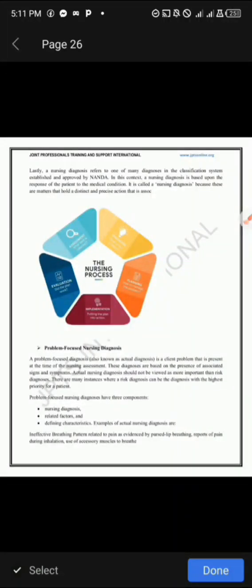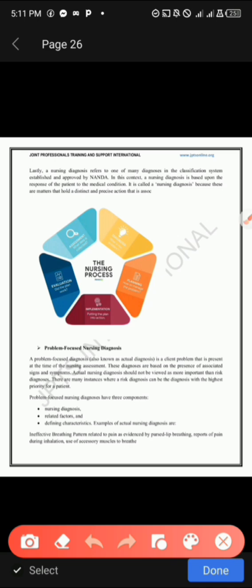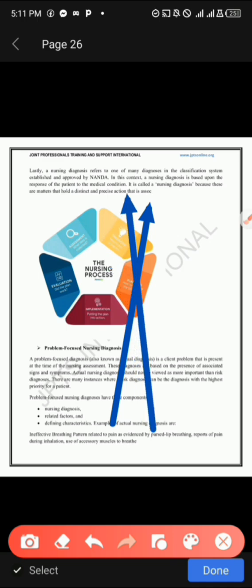That is the efficacy of drugs, how the drugs work immediately or after, to know how the patient feels about it. It is called a nursing diagnosis. Good. Because these are matters that hold distinct and precise actions in that issue.